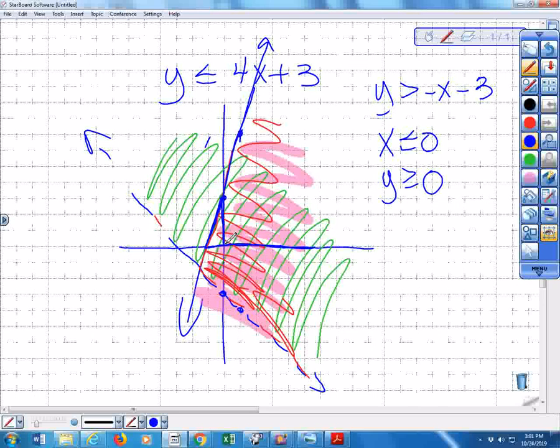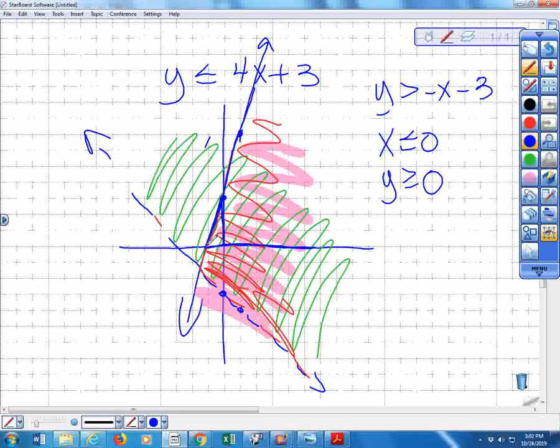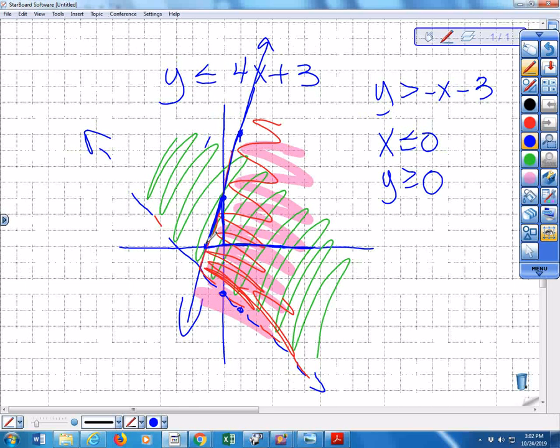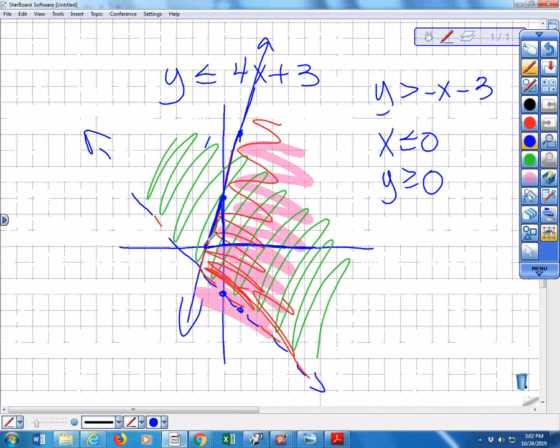This one's pretty easy, right? It's 0, 0, 0, 3, negative 1, 0. You put the smallest x value first, so that would be negative 1, 0. Then you go clockwise, so it would then be 0, 3, and then back to 0, 0.